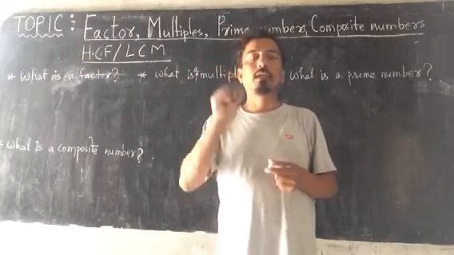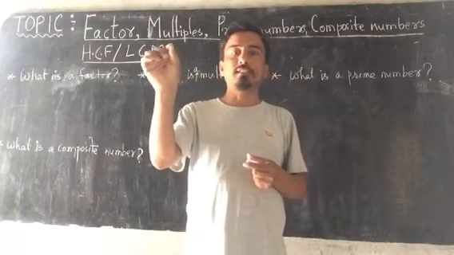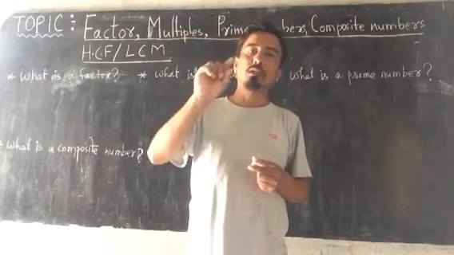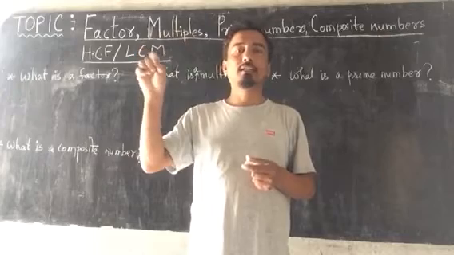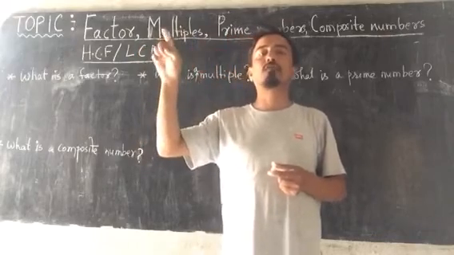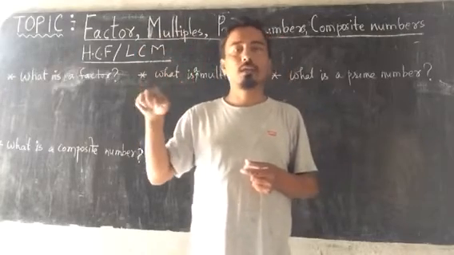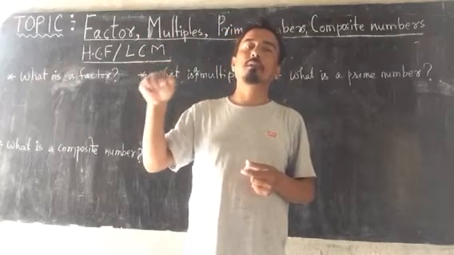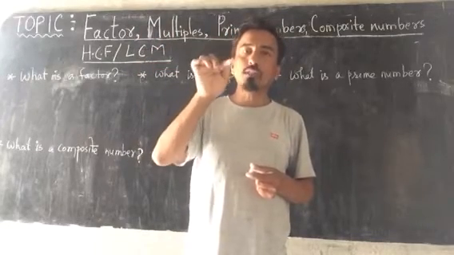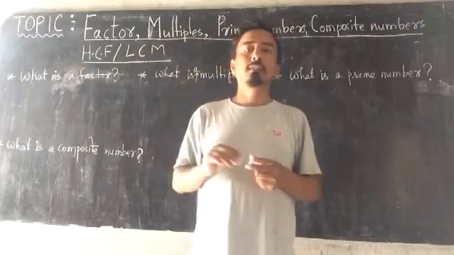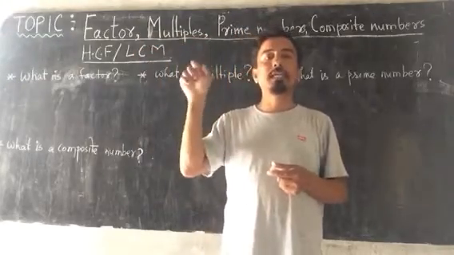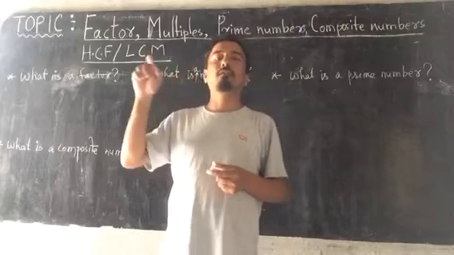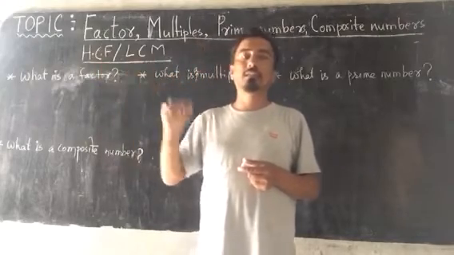Got my point? Like if you divide 8 by 2, 2 can divide 8 four times. 2 fours are 8. It means 8 is completely divisible by 2. So 2 is a factor of 8. Similarly, if you divide 8 by 4, 4 can divide 8 two times. 4 twos are 8.